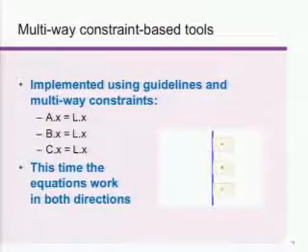So what we decided to do was look at implementing these placement tools via multi-way constraints. So the idea here is that you have a constraint solver, a piece of mathematical software that sits behind the diagram editor and handles these relationships.